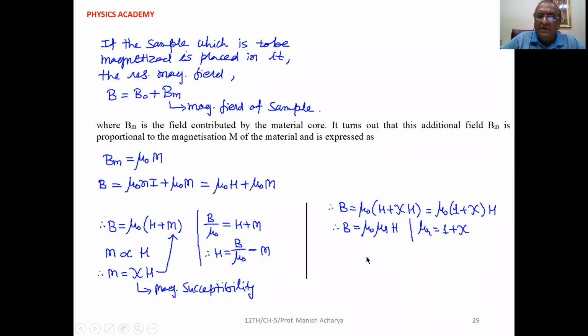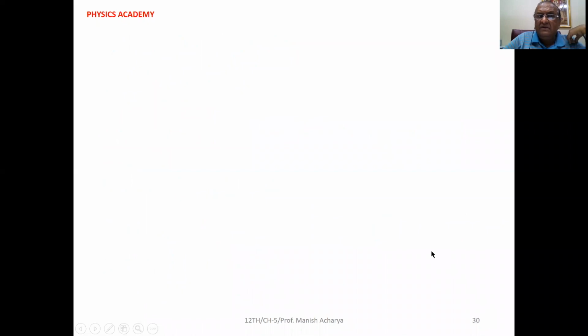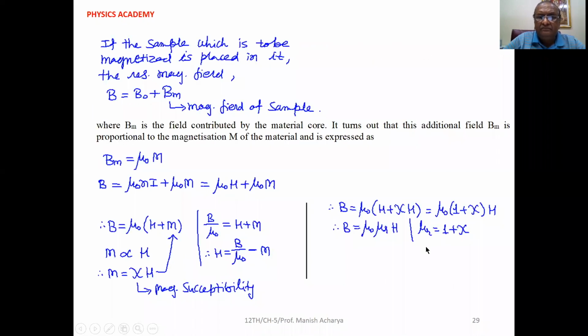Now, this 1 plus chi is called the relative permeability of that sample. So we can write B equal to mu0 mu r H, where mu r is 1 plus chi. But here you can rewrite this one like this also: mu0 into mu r is mu.